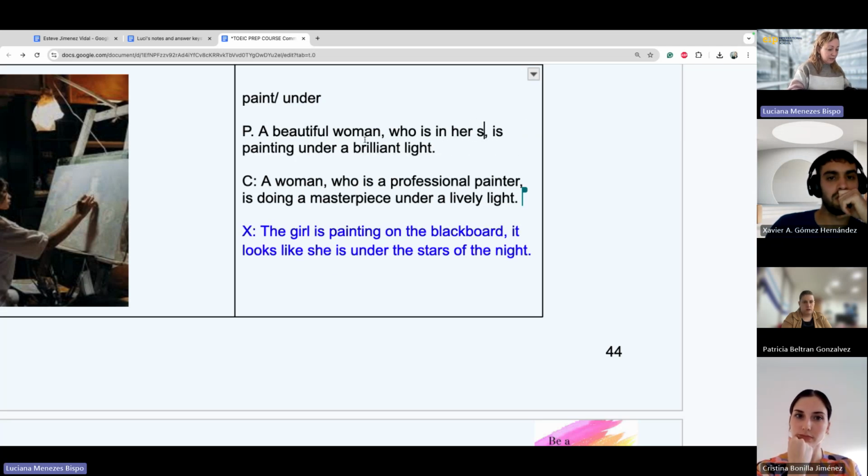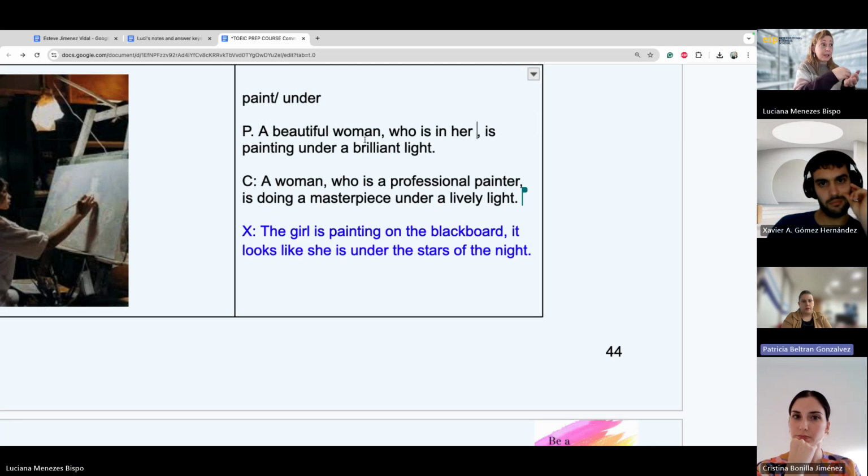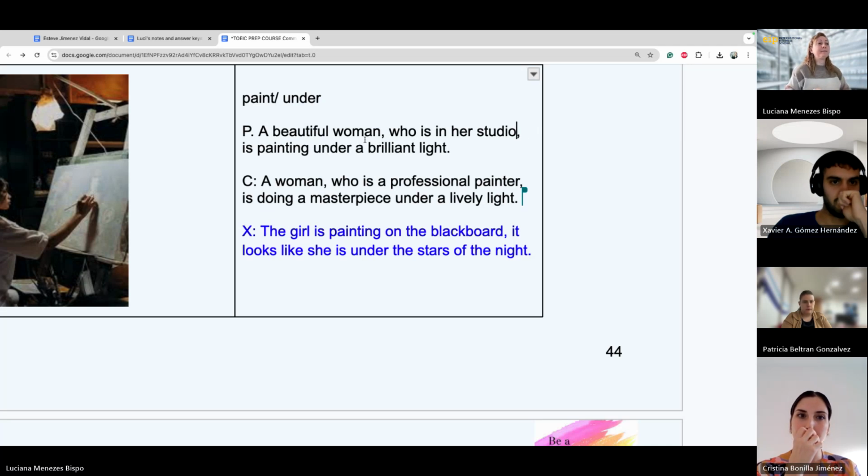So I would say her painting, or if you want to be specific, as we want you to use specific vocabulary. Where is she? In the studio. And if you want to have a noun phrase, you can say that it's her private studio.